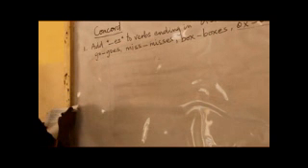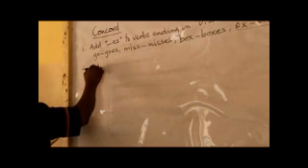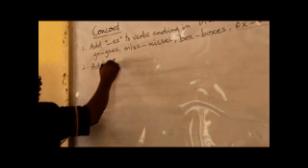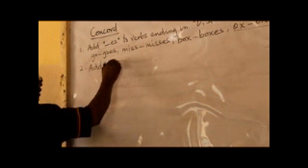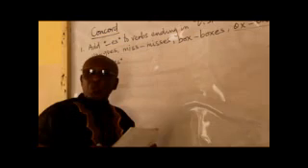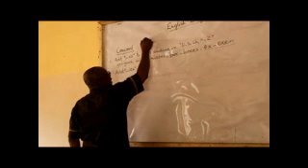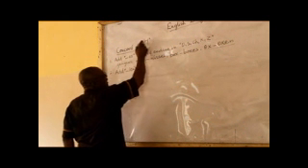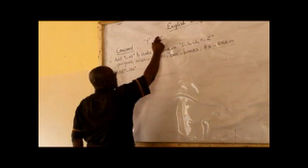Then number two, add IES. Let me explain this. When the alphabet Y is preceded by a consonant, you have to change this Y to I before you add ES.